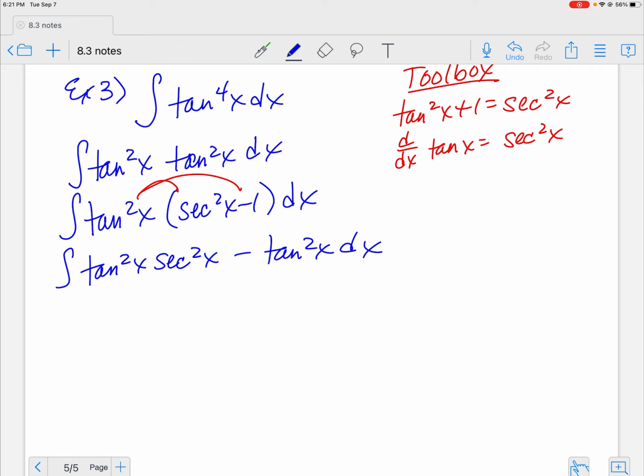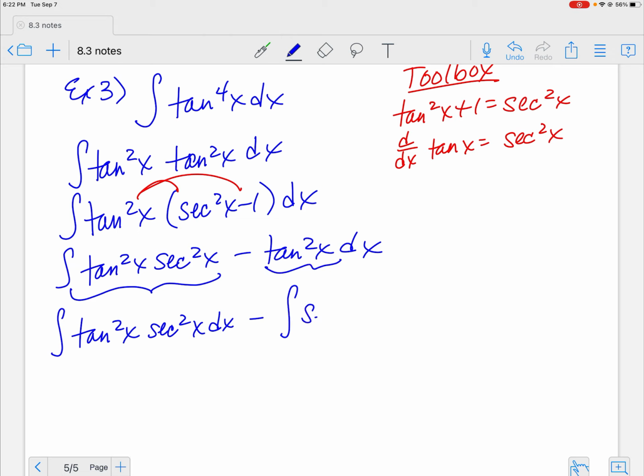Now, identity, identity, identity. That's what we're looking for here. I'm going to break this off because if I have tangent squared x, secant squared x dx minus, and I take this tangent squared and I have secant squared x minus 1, look at what just happened.